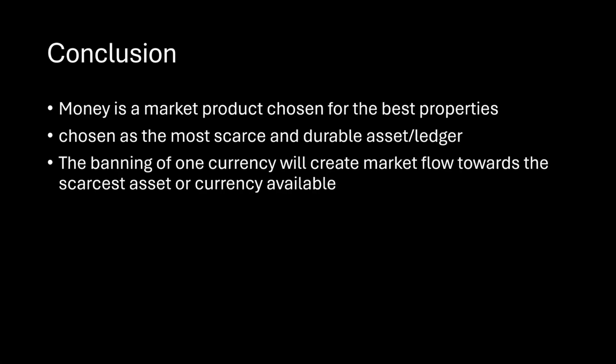So to conclude this, money is a market product. It can be like gold, it can be a political product like fiat money. However, naturally the market will want to hold the best money asset. And the idea of banning currencies and capital controls will always lead to a desire to hold the most scarce asset.